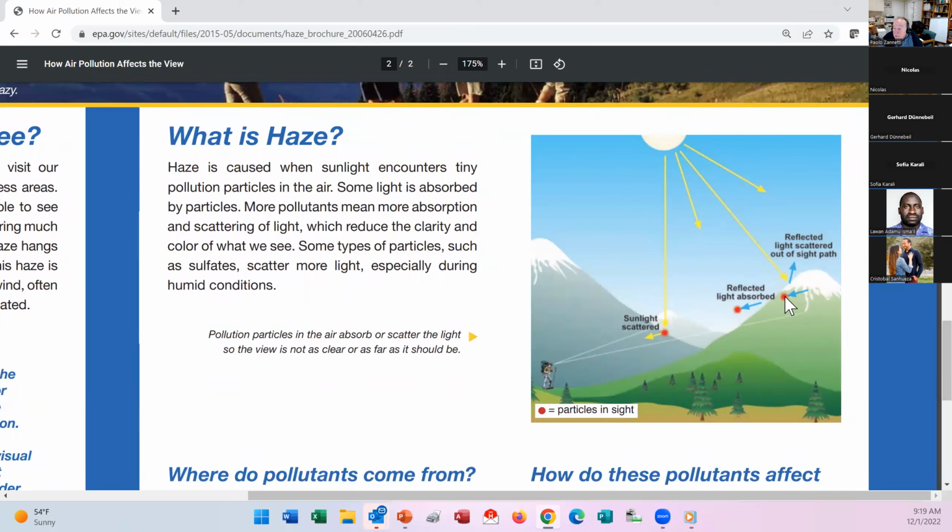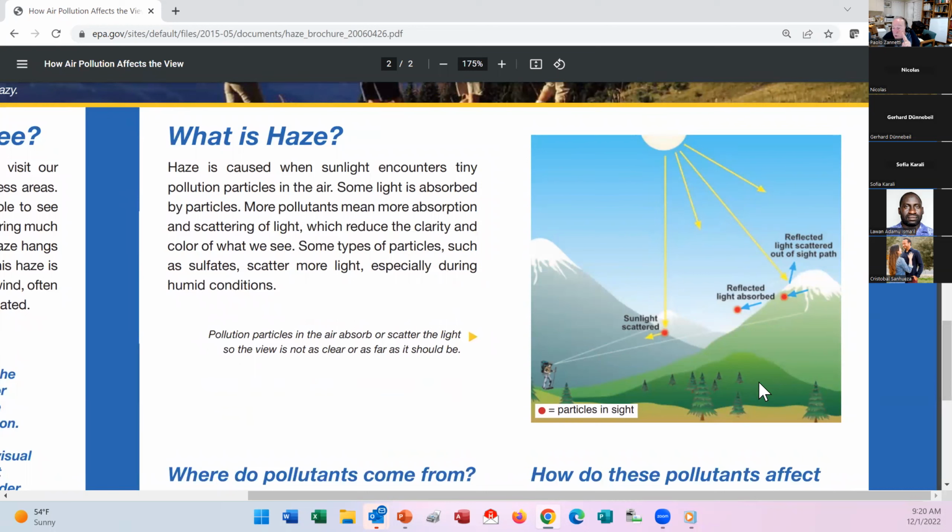But this light that goes from the object to your eye can be absorbed by some air pollution, so it disappears, or can be scattered, or additional light can be added by the light of the sun that is scattered toward your eyes by air pollution.